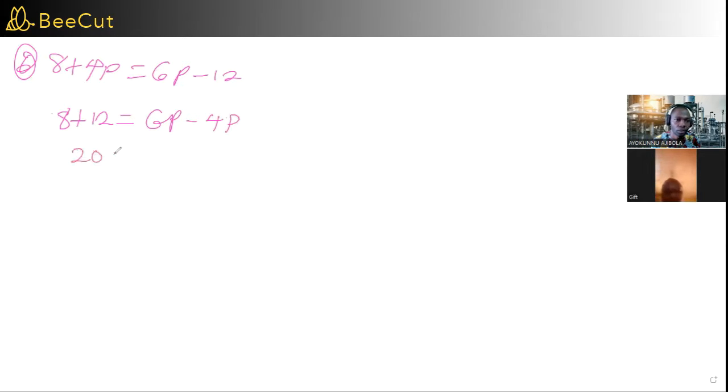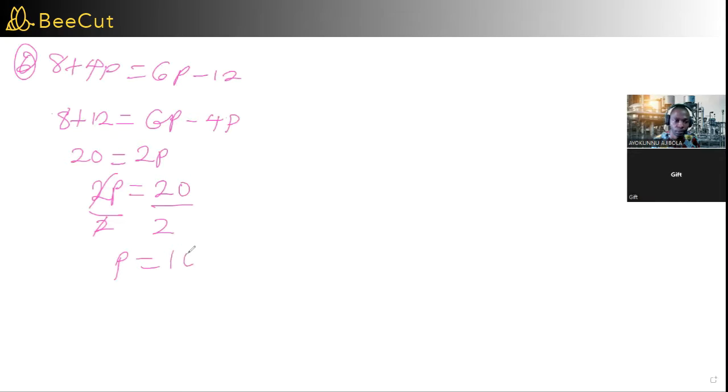Then that is 20 equal to 6p minus 4p. So how many p? It's 2p. Then I have 2p equal 20. That is 2 times 10 is 20. So over 2 with 2, I have p equal to 10. It's correct.